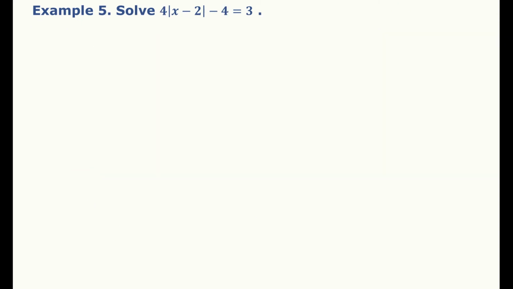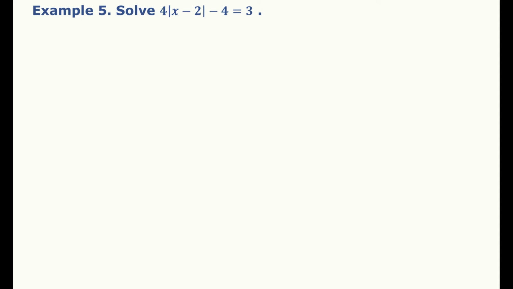All right, so notice at each step we're making it just a little bit more complex. Here we're just bringing in a new item that has to be dealt with first. Remember, before you interpret the absolute value using its definition, you want to isolate it. So we're going to isolate the absolute value.